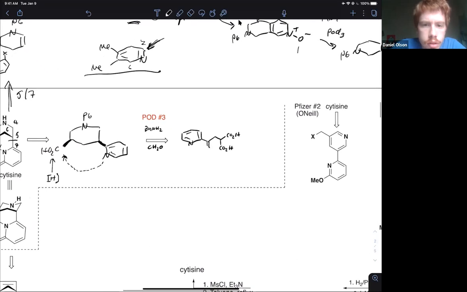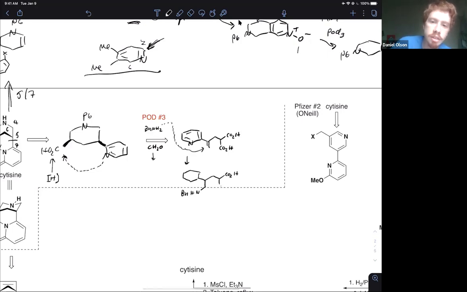Sure. So I think what would happen is the amine would add into that hidden 1,4 enone within the pyridine. Oh, that's interesting. And that would kick down and form the negatively charged nitrogen on the pyridine, which would deprotonate one of the acids.